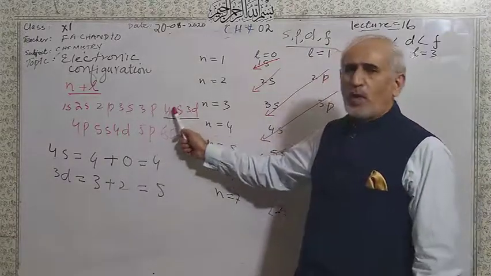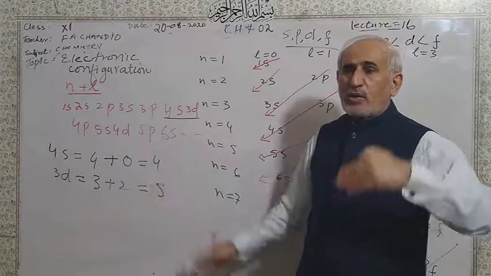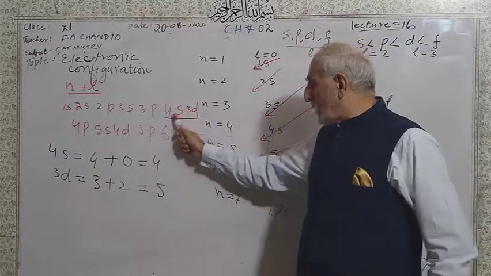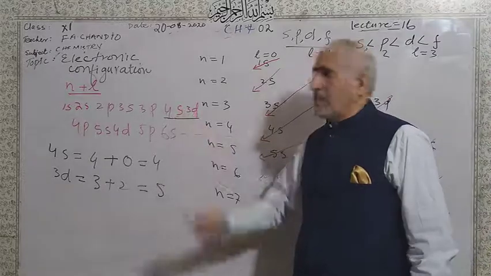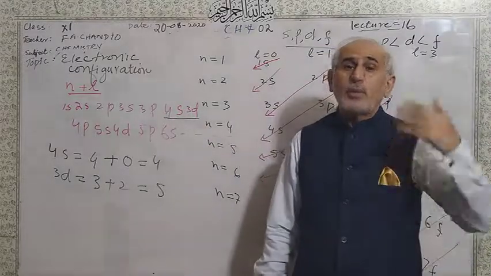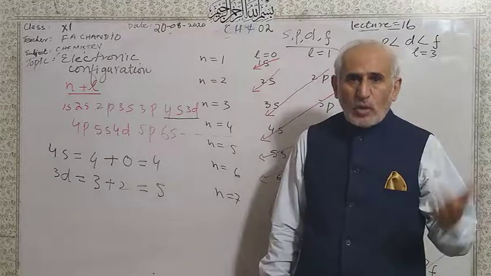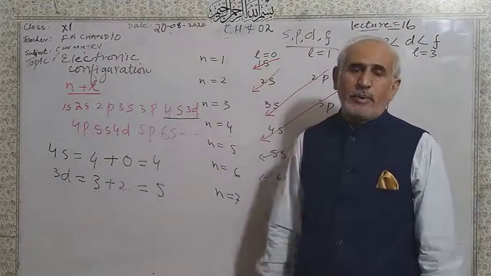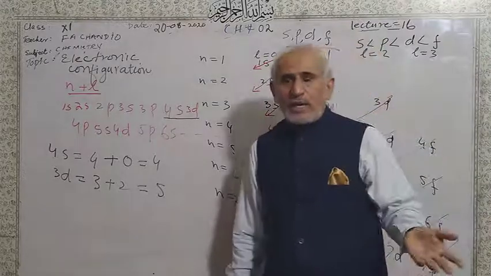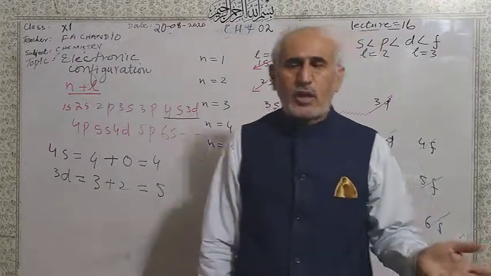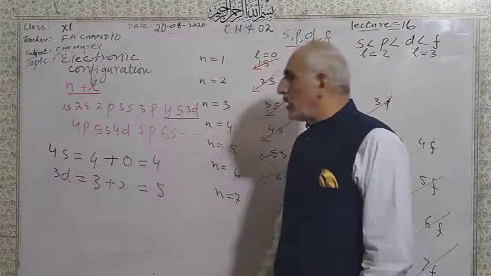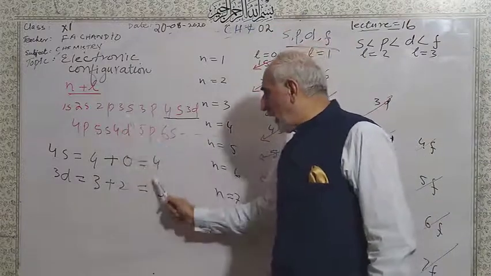So according to Aufbau principle, when we are going to move from one step to the second step, third step, first should be this, then this. But according to Bohr's model, 3d should come here and 4s should come here. But according to modern electronic configuration, according to the Aufbau principle, you must use this formula and follow this.